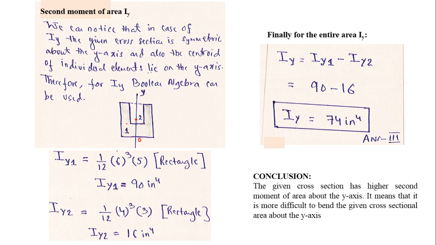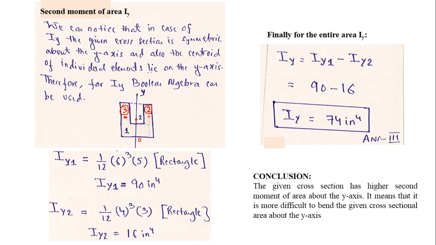And if I had followed the same numbering which I used while calculating Ix dash, for example, if I had used this smaller rectangle as 2 and this smaller rectangle as 3, you see that the centroids of these two constituents, 2 and 3, are offset from the y-axis.